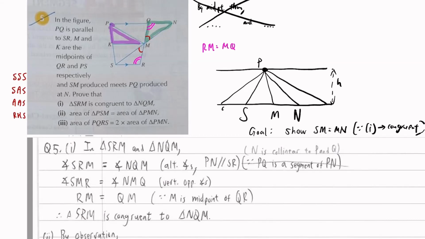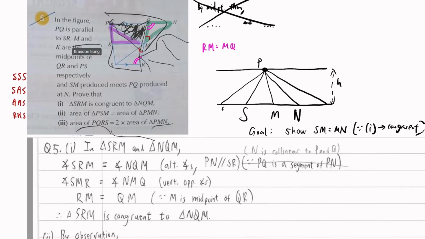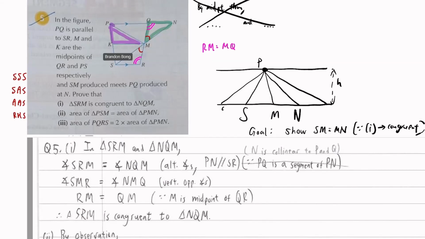Because PQRS, then PMN, then like this is the common overlap. Oh, okay, then this one is also congruent to here. Okay, wait, I don't know what I'm talking about.